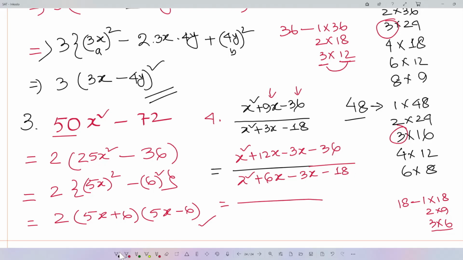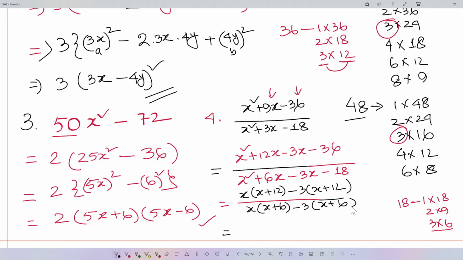Then we can take common x, so here will be x plus 12. We can take common minus 3, again x plus 12. In the denominator we can take common x, so x plus 6. We can take common minus 3, again x plus 6.